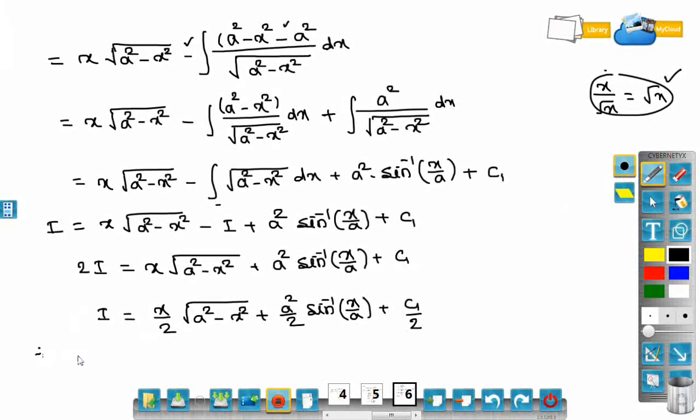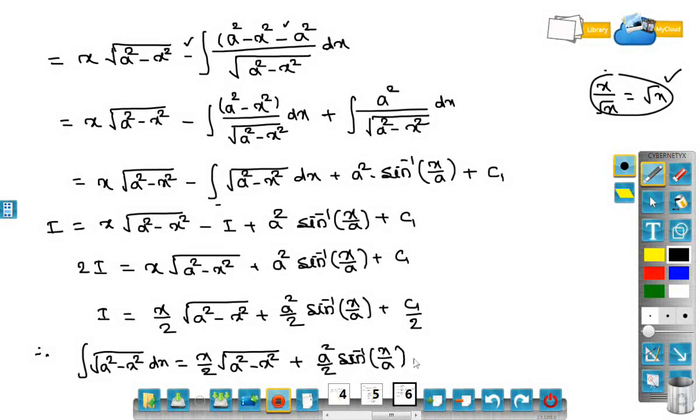Therefore, the integral of under root of a square minus x square dx is equal to x by 2 under root of a square minus x square plus a square by 2 into sine inverse of x by a plus c. Since c1 is a constant, c1 upon 2 is a constant, so I may call it c, where c is nothing but c1 by 2.